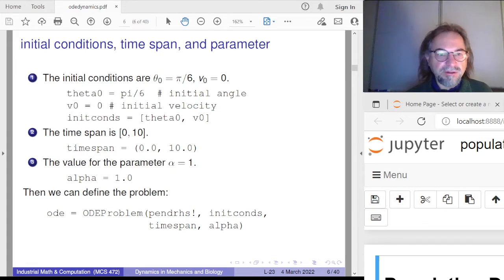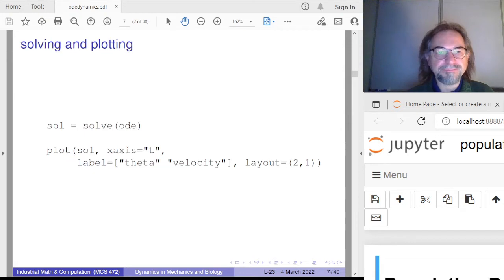We have then the problem defined, not yet solved. That comes next. Then we solve it. If everything goes well, we see also some numbers appearing, but let's not look at them now. Let's plot the solution trajectory.